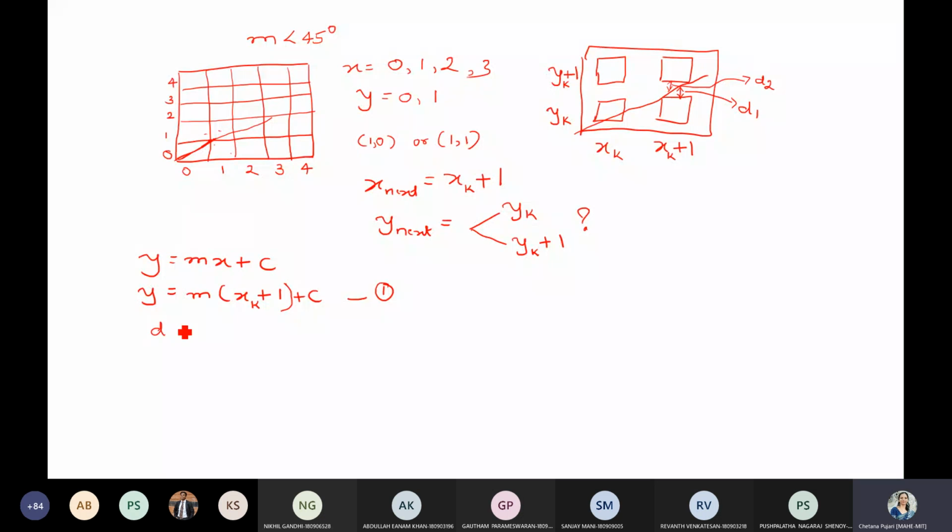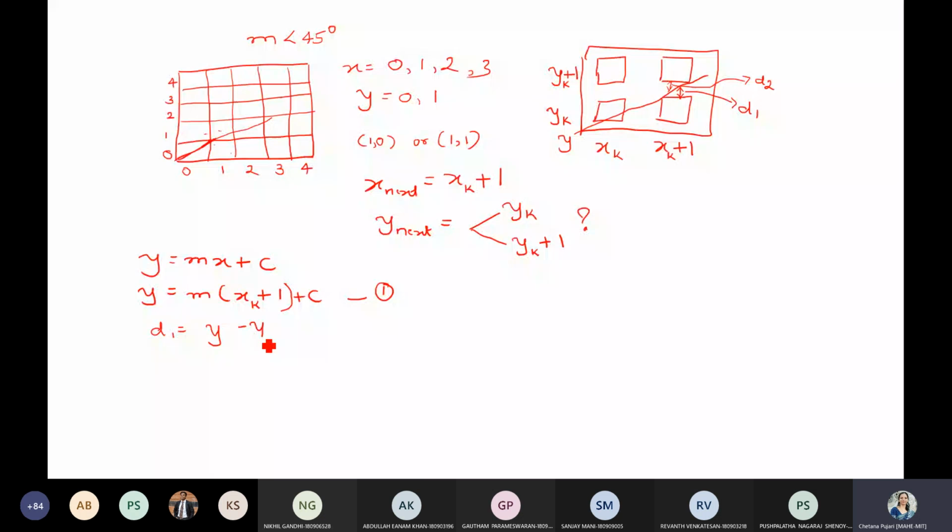So next we need to calculate the distances d1 and d2. What will be our d1? This is our y, the line we have drawn over here is y. So our distance will be y minus yk.